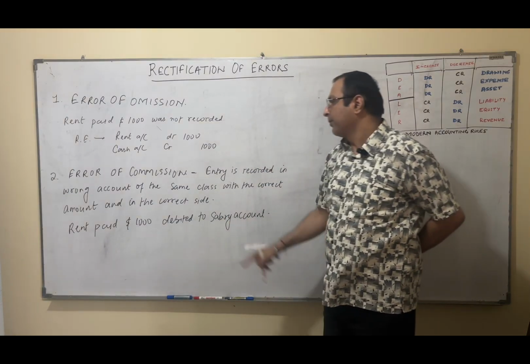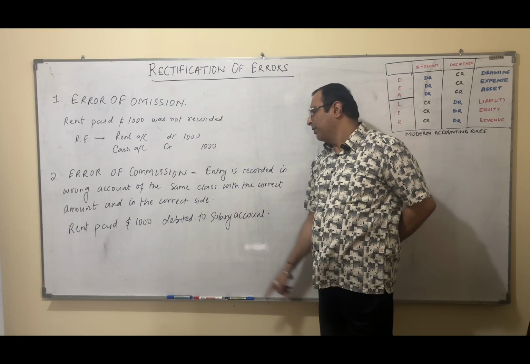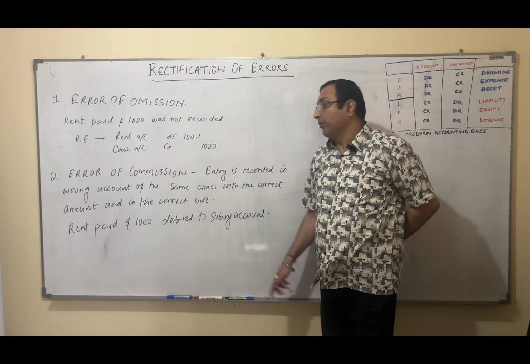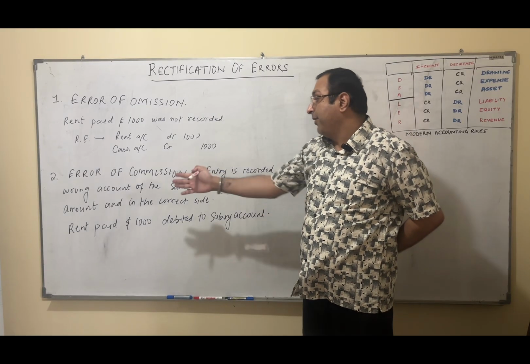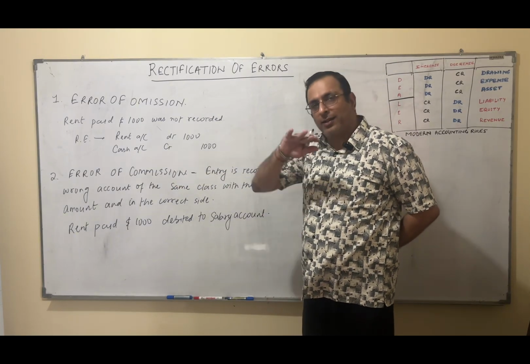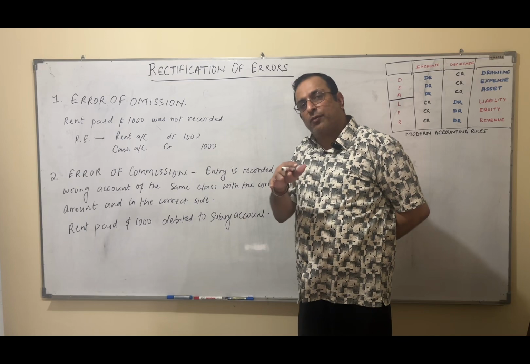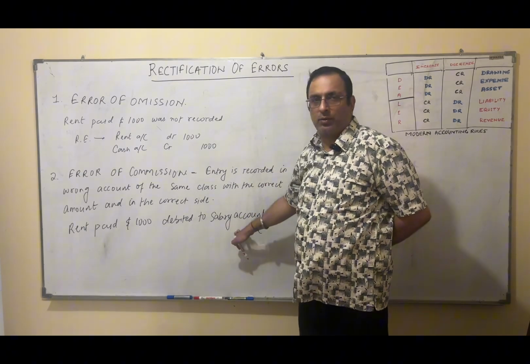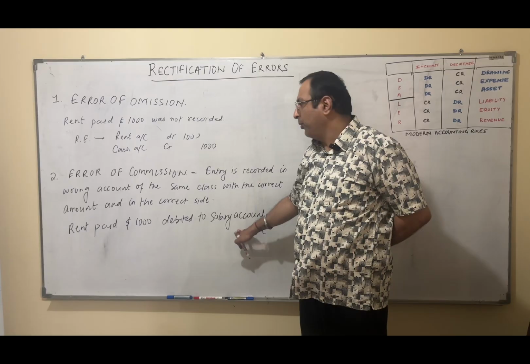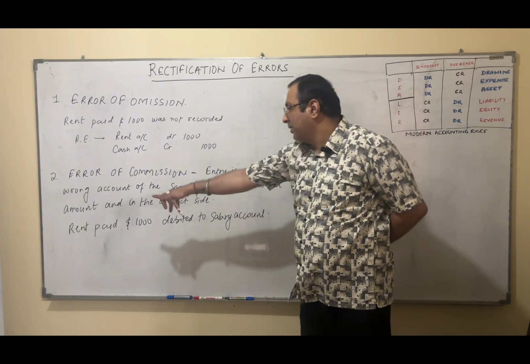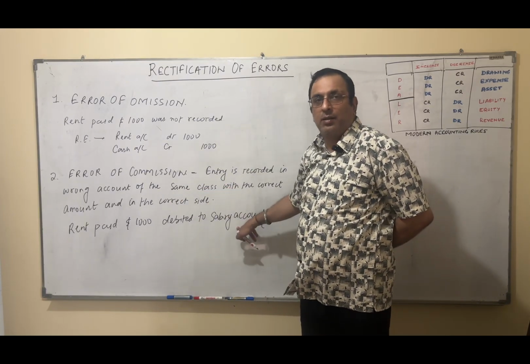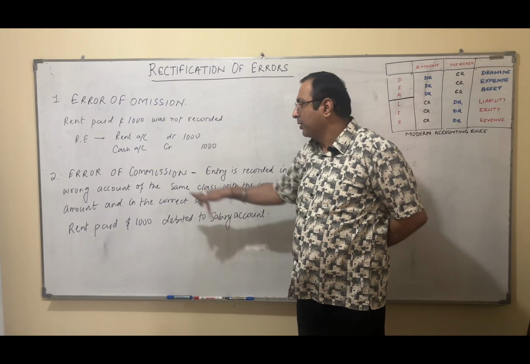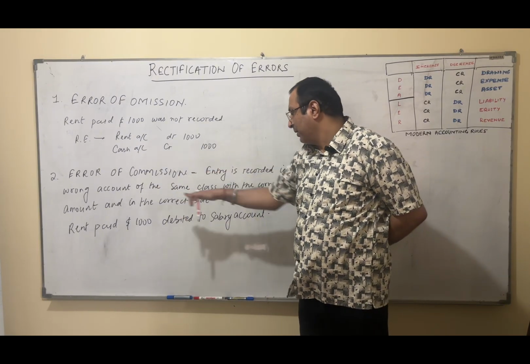You can see rent is also an expense and salary is also an expense. But what exactly have I done? I have paid rent, which is an expense. In place of the rent account, I have debited it to the salary account. Getting my point? So the class is the same. Class is expense, but accounts are different. In place of rent, I have placed it in salary.